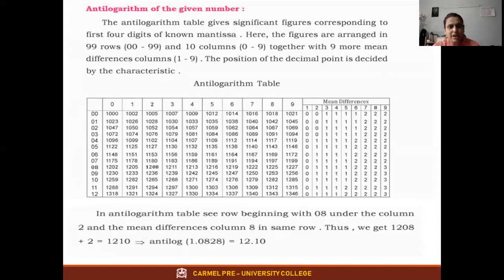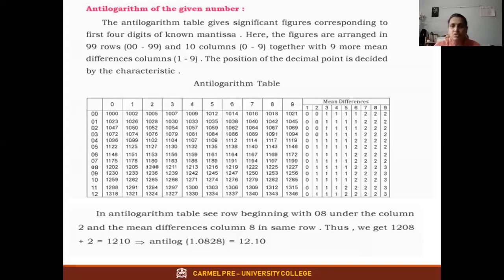In the row 08, and under 2. Under 2, in row 08, it is 1208. Can you see 1208? But we want to look for 0828.